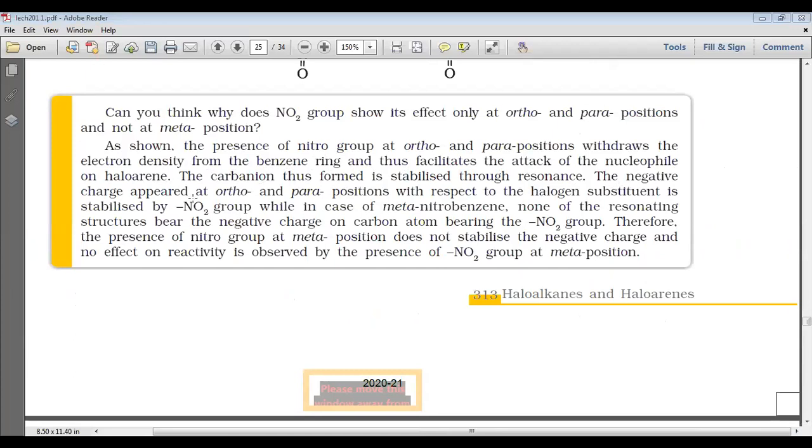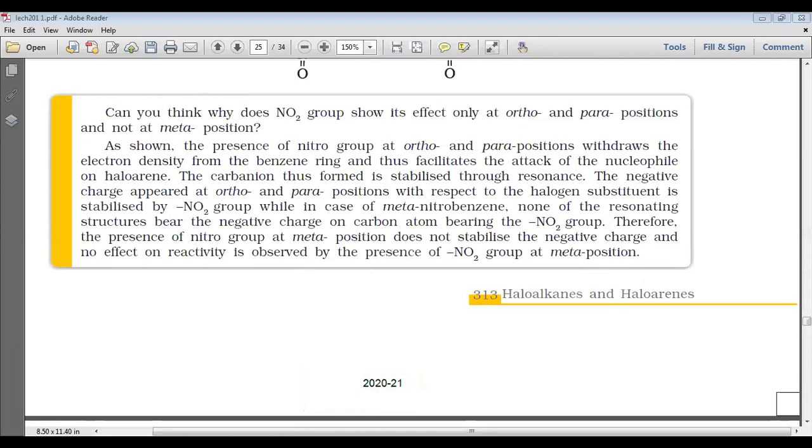The negative charge appearing at ortho and para position with respect to the halogen substituent is stabilized by the NO2 group, while in case of metanitrobenzene, none of the resonating structures bears the negative charge on the carbon atom bearing the NO2 group. Therefore, the presence of nitro group at meta position does not stabilize the negative charge, and no effect on reactivity is observed on the presence of NO2 group at meta position.